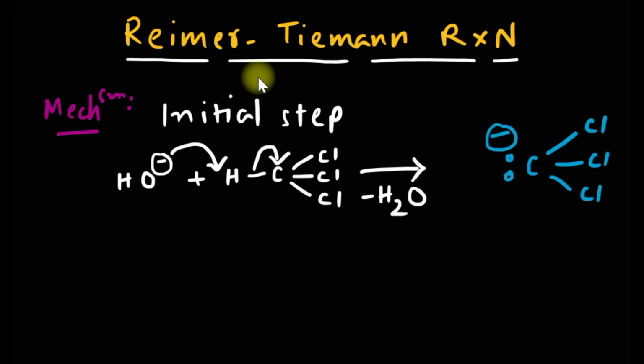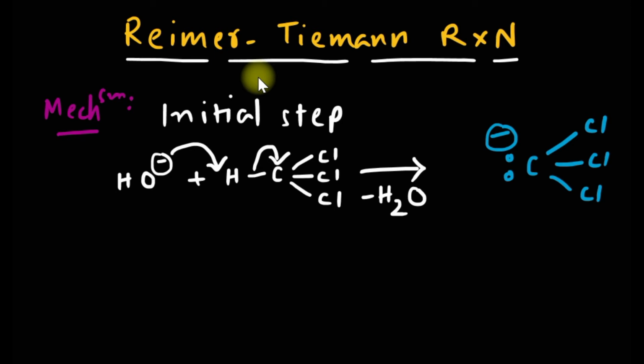Because now you can see in the valence shell of carbon there are 5 electrons, 1 2 3 4 5, but there should be 4 electrons in the valence shell of carbon. So the negative charge should be written here.